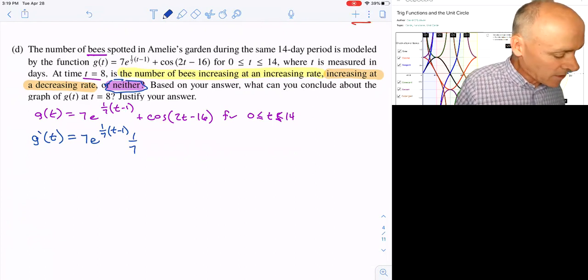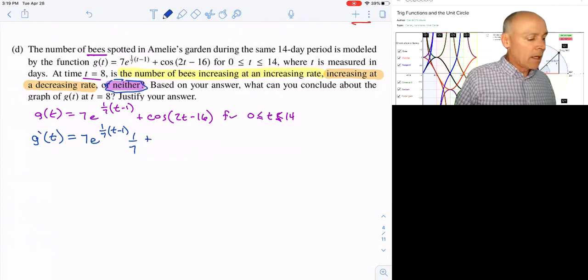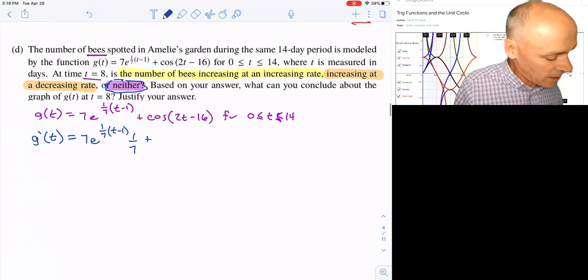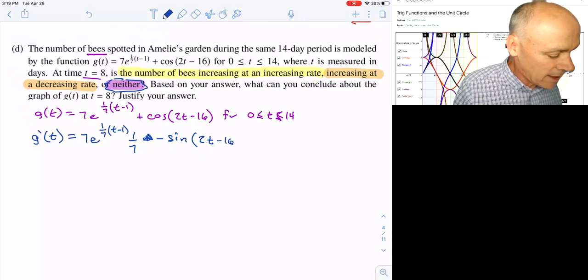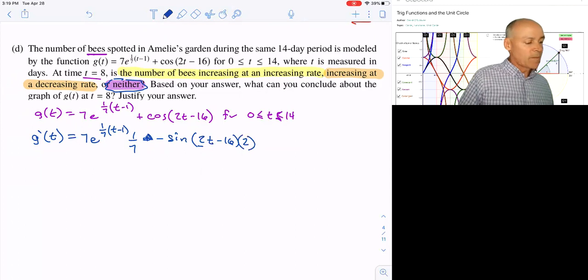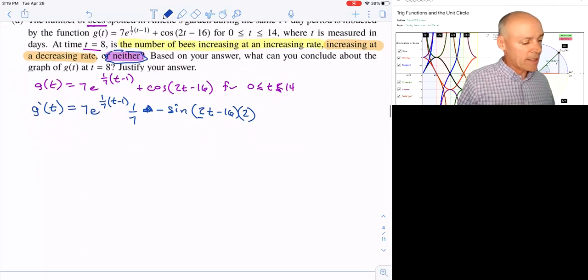And then move on to the second part, plus the derivative of cosine is going to be negative sine. So I'm going to treat that just like negative sine of 2t minus 16. Then don't forget chain rule, times 2. So that's g prime at t.